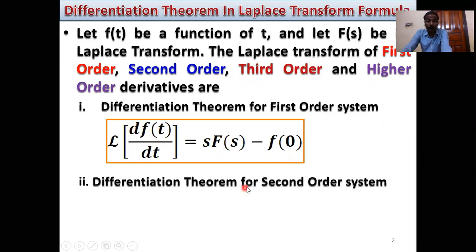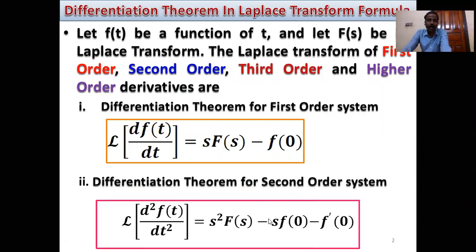And differentiation theorem for second order systems. If the function equals f of t, then the Laplace transform of d2 f of t by dt2 equals s square F of s minus s f of 0 minus f dash 0. This is the second order systems.